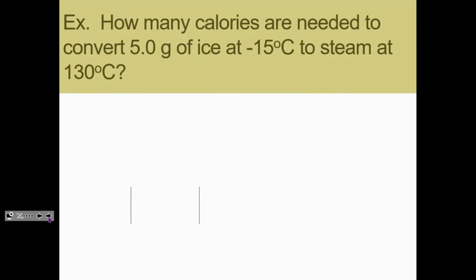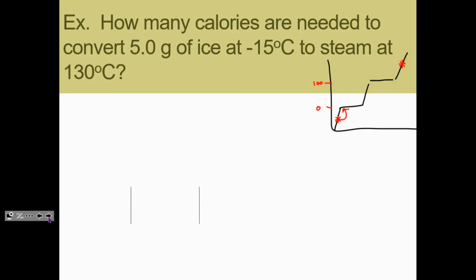And the last one we're going to do, how many calories are needed to convert 5 grams of ice at negative 15 to steam at 130? So 5 grams of ice at negative 15 to steam, which is above 100 degrees.